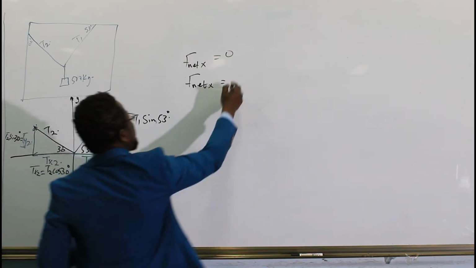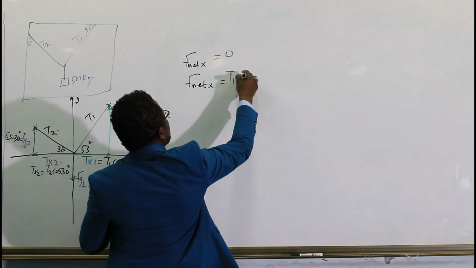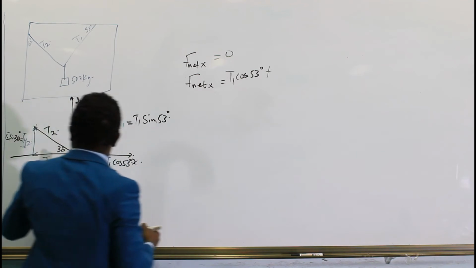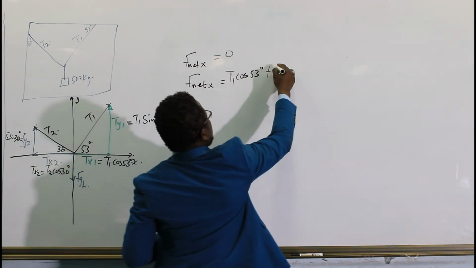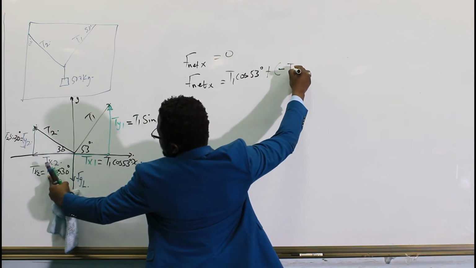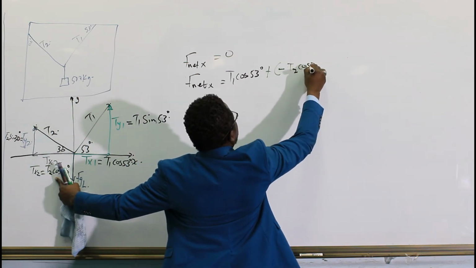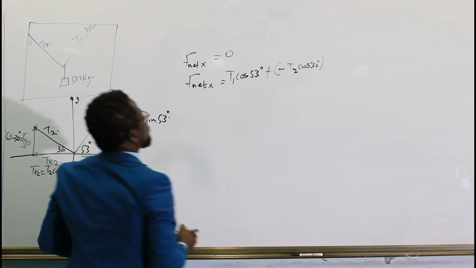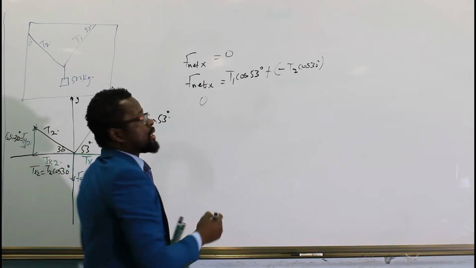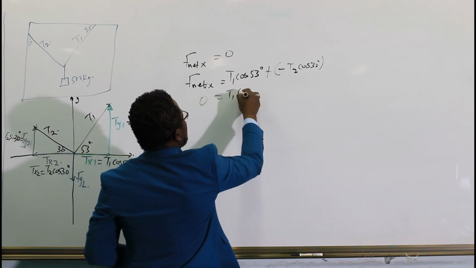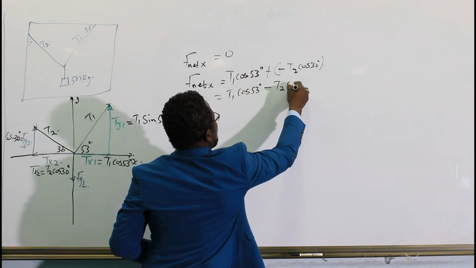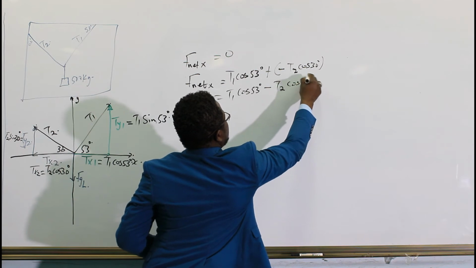So I'm going to take this side to become T1 cos 53 degrees plus this side, which is negative side. So that's going to be negative T2 cos 30 degrees. And we know that this is equal to 0. So this simply means 0 is equals to T1 cos 53 degrees minus T2 cos 30 degrees.